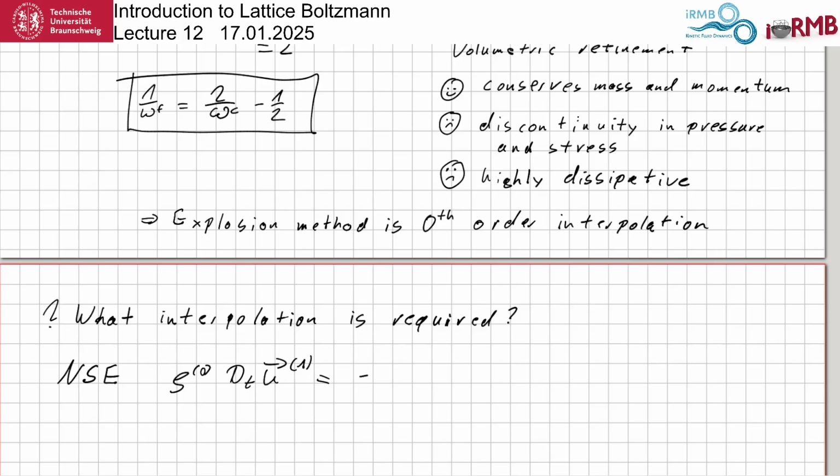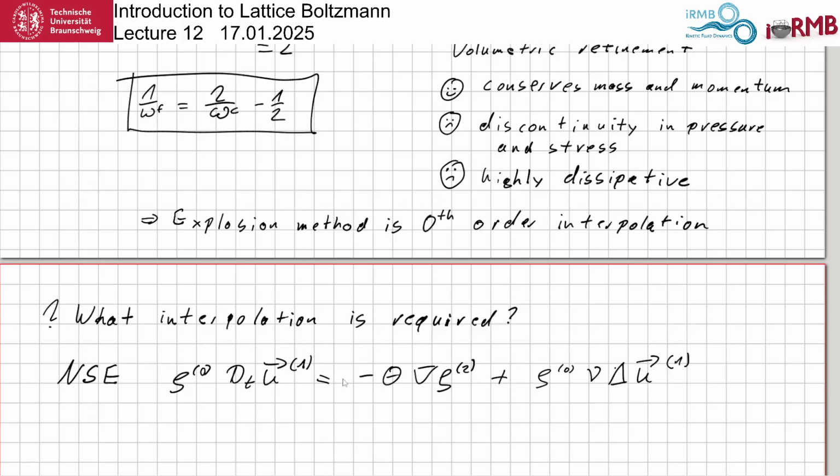Here is equal to minus theta, the second order of rho, plus the gradient of rho plus rho zero viscosity, and here we get the Laplace operator, so the second derivative of velocity, right?